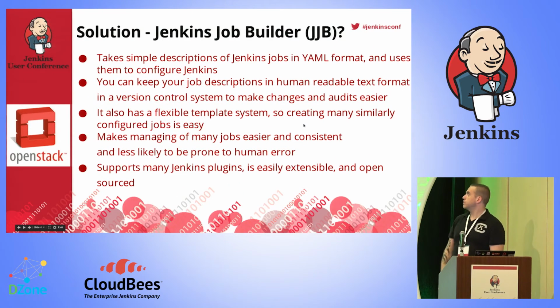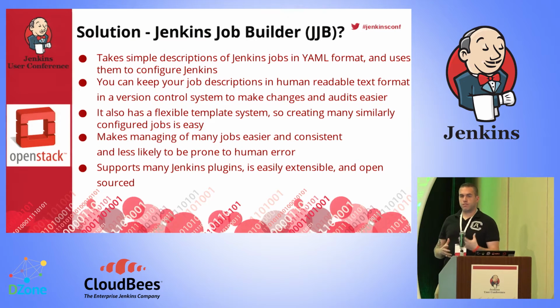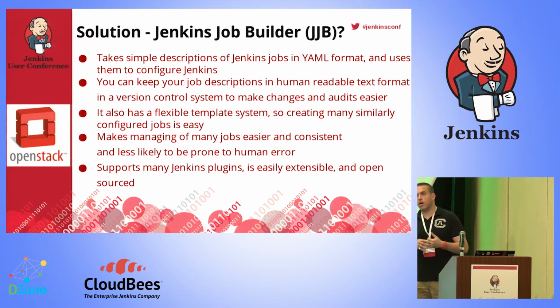So the solution, Jenkins Job Builder. It takes very simple descriptions in YAML, which is very human readable, to configure Jenkins jobs. Like I said, you can keep it under version control, which makes auditing very easy. You can keep them as part of a system called Gerrit, or maybe you have a review system where you review code.